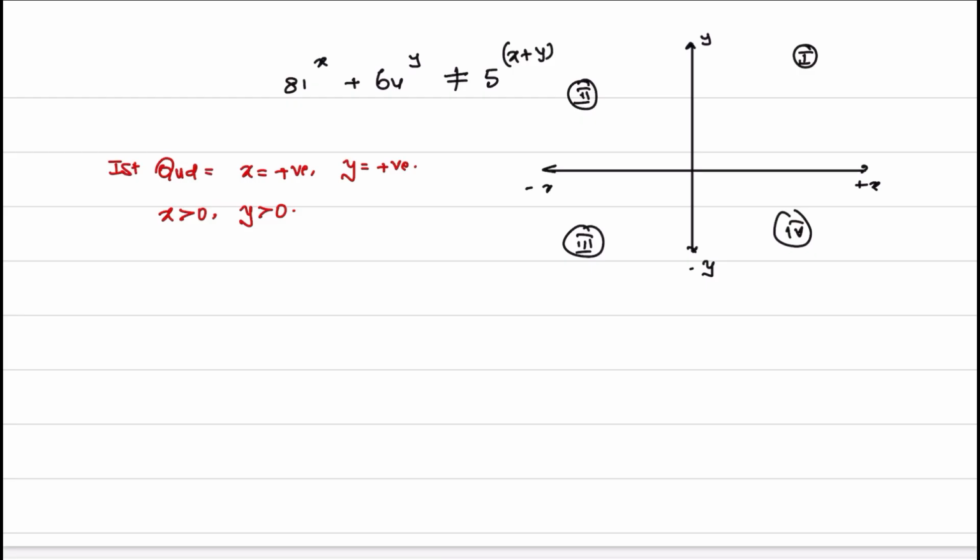If x is greater than 0 and y is greater than 0, let us try to find out, is there any point on the curve which is in the first quadrant?